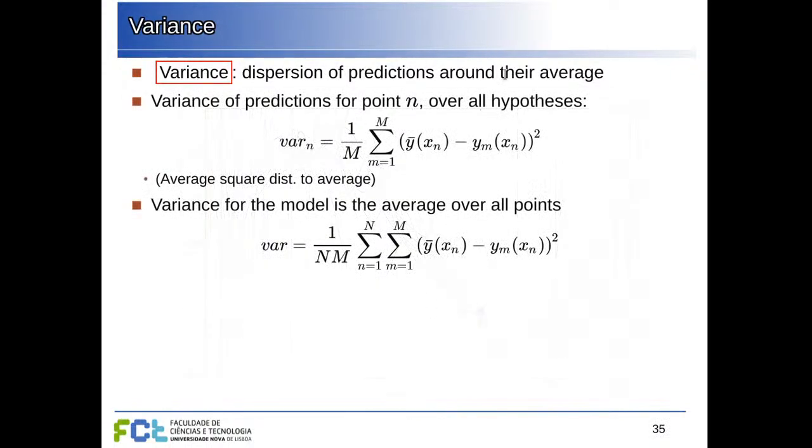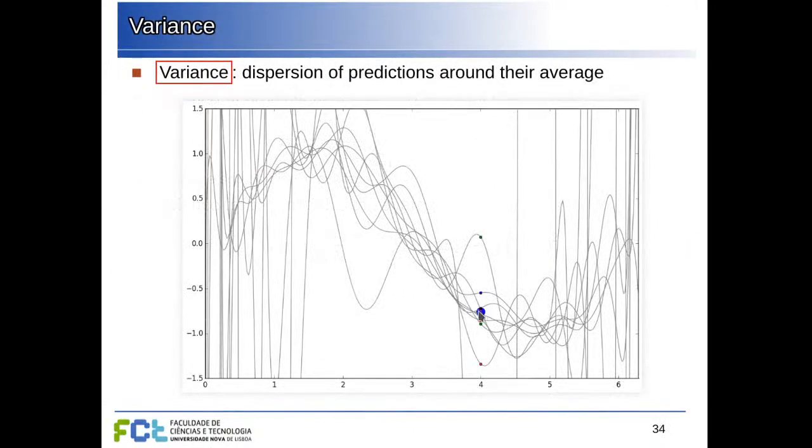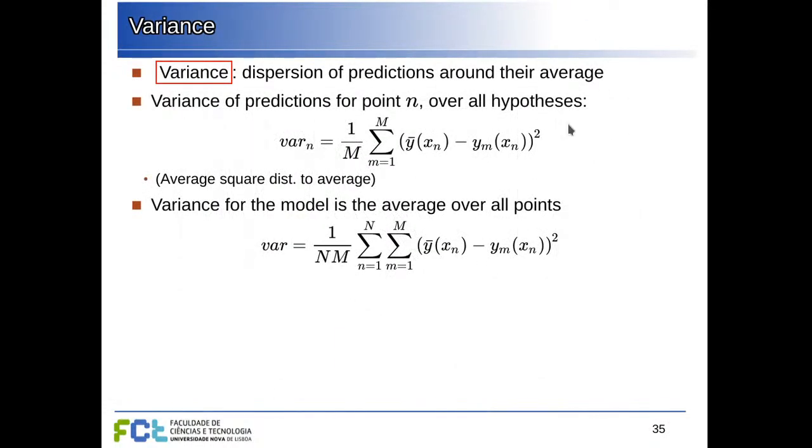So we can measure the variance or the dispersion of these predictions. So basically we take the average point of all the predictions and we measure the square of the difference between each prediction and the average. So this is the average prediction over a large number of hypotheses obtained from the same model, but using different samples from the universe of points.